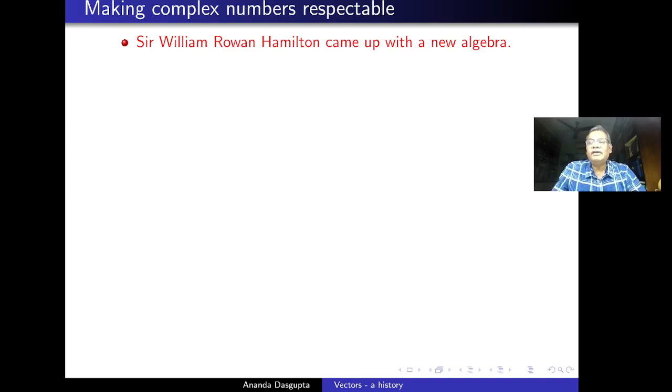Now, he came up with a new algebra which involved not a single number, but a pair of real numbers. Note that by then everybody was very comfortable with real numbers, they knew all their properties. So pairs of real numbers are also pretty straightforward and easy and fun to play with.